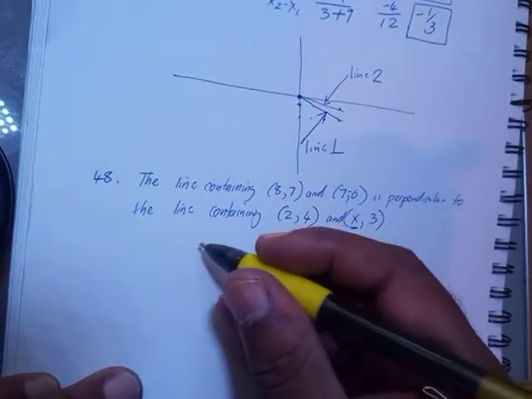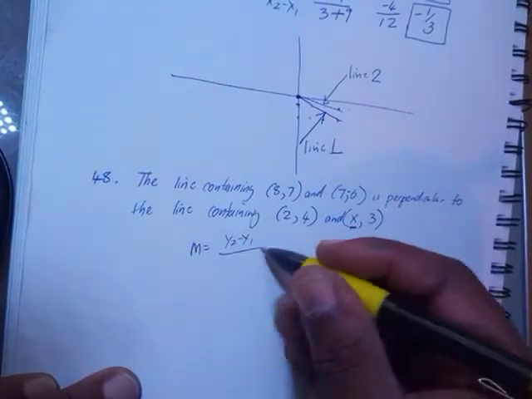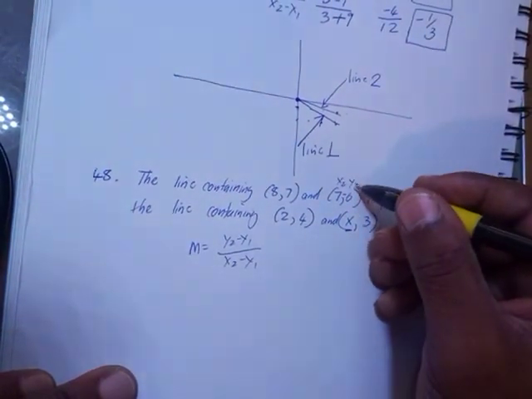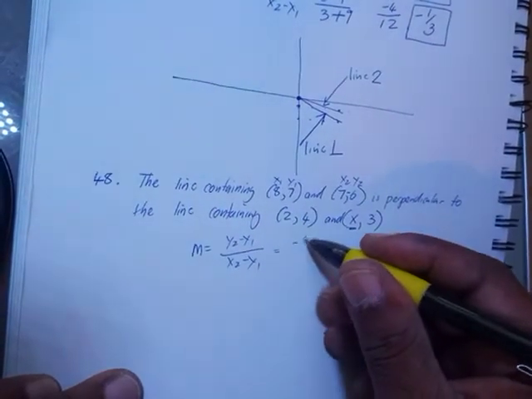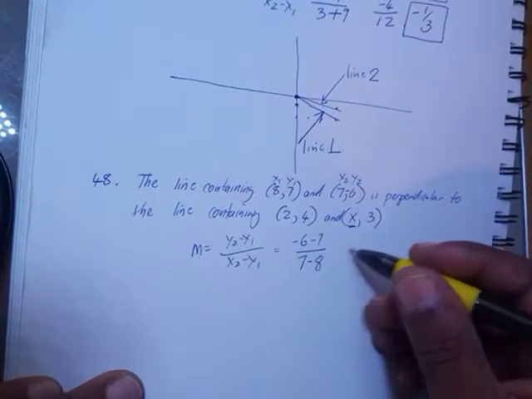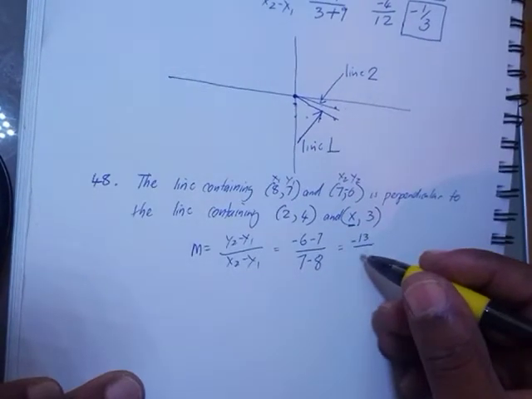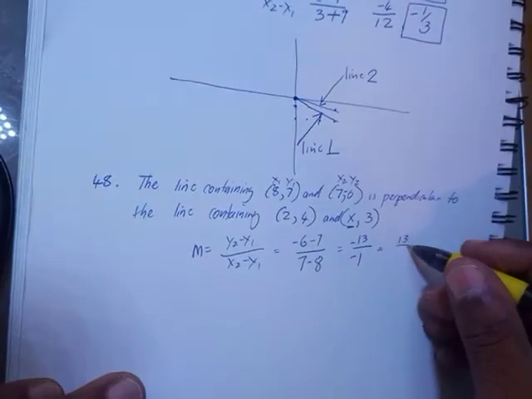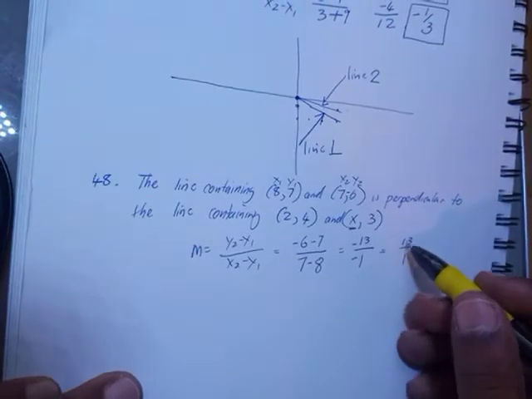So the first line. Negative divided by a negative is a positive.